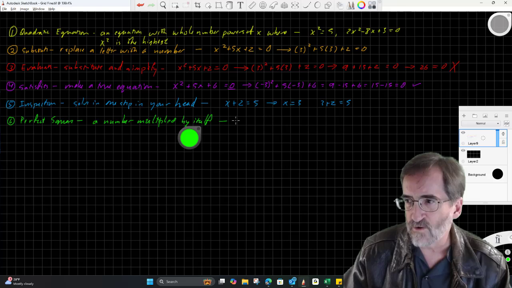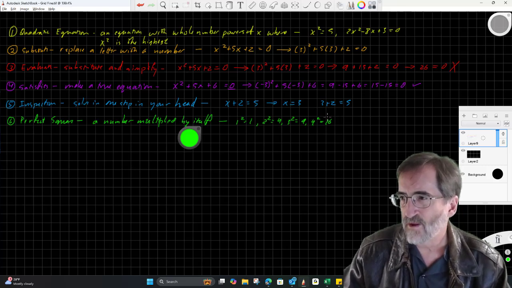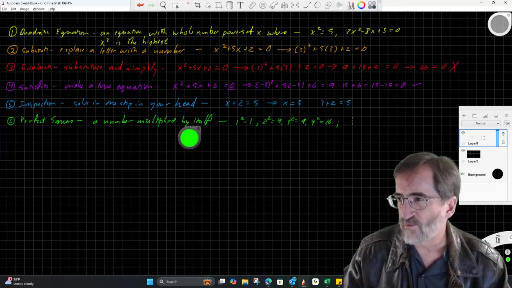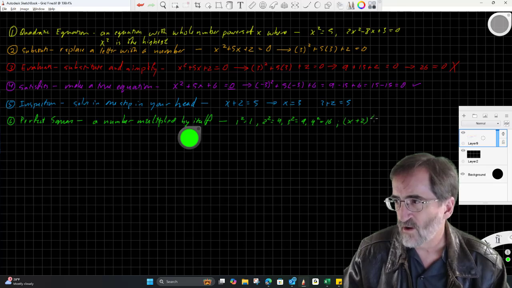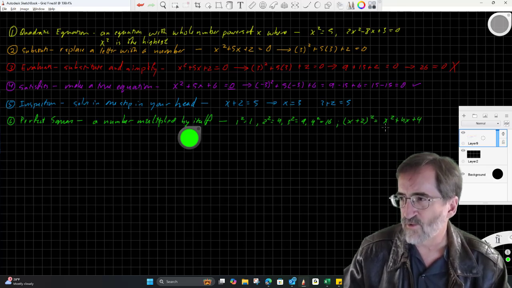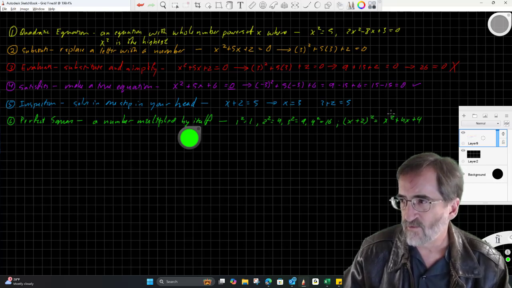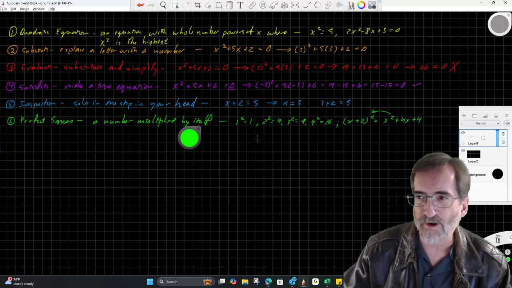Perfect squares include 1 squared is 1, 2 squared is 4, 3 squared is 9, 4 squared is 16. In quadratic terms, a perfect square would be x plus 2 squared equals x squared plus 4x plus 4. That is a perfect square because it can be represented as the square of a binomial.